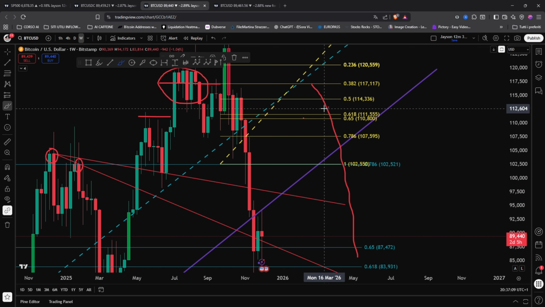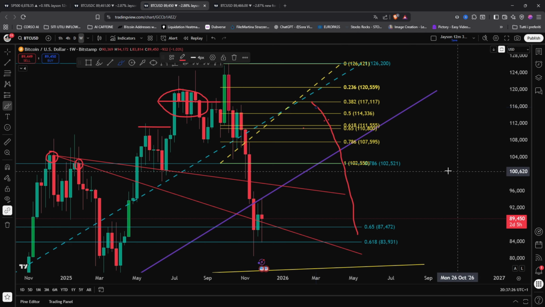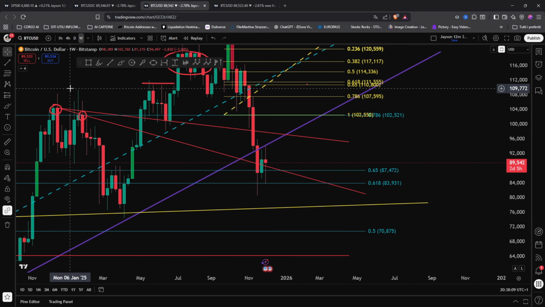Not sure yet, guys. I don't want to say we are in a bear market. I know the cycle. I know everything. I know the price behavior. I have enough experience to recognize the situation of weakness. But there is something boiling up behind the scenes. So let's see. I'm sure you got it.